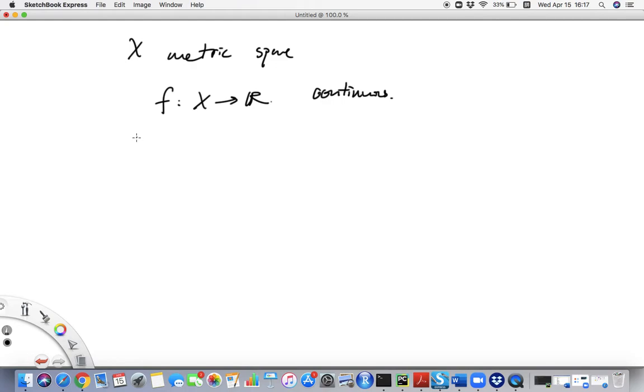Okay, so we want to show that the subset of x such that f(x) is an integer is closed. Okay, how do we do that?